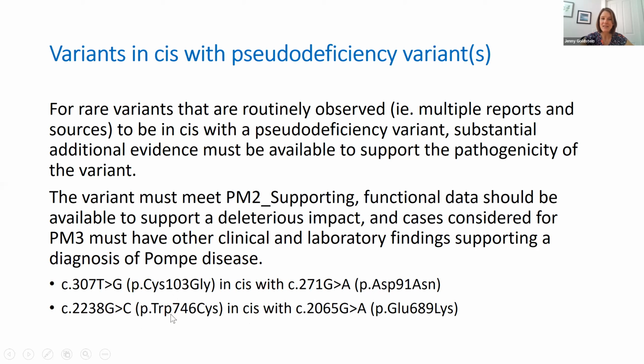And for these situations, we're really careful just to make sure that there's other functional evidence for these variants, multiple patients, and so on. I'm just careful to make sure that these truly are pathogenic and the enzyme deficiency in a test tube isn't just caused by these pseudodeficiencies. And I think we're going to be doing a bit more work on pseudodeficiency in the IEM working group as well, because obviously Pompe is not the only disorder that's affected by this.